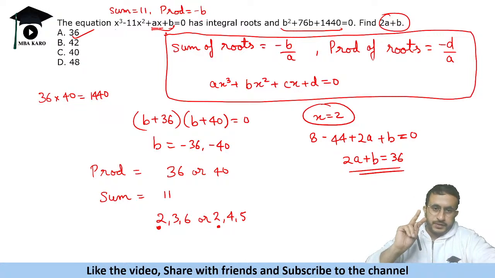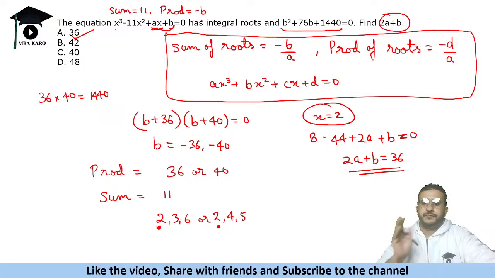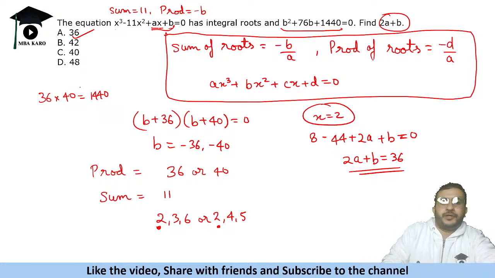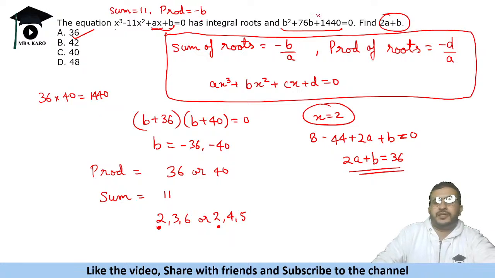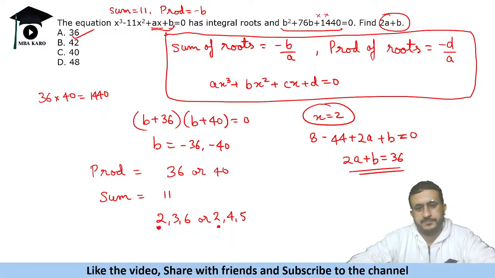So in either case 2 is a root. In fact ये इसकी जरूरत भी नहीं थी. You could have just put, since we have to find 2a plus b, x equal to 2 and got the result. अगर ये विजिलेंस लगा लेते कि हमें 2a plus b निकालना है, so you could have just put 2 and just solve it.